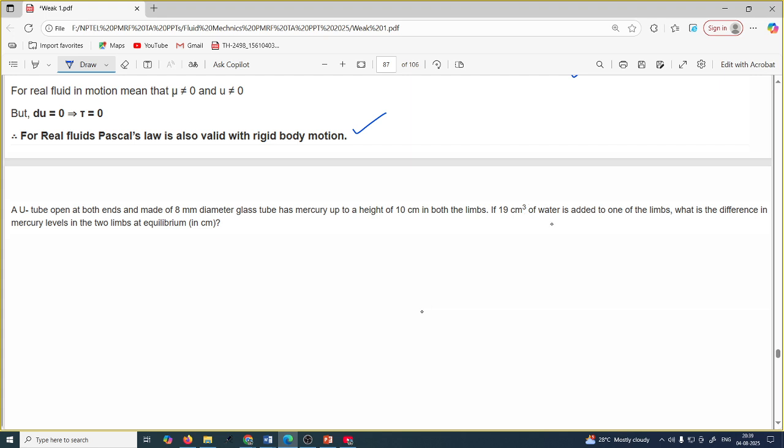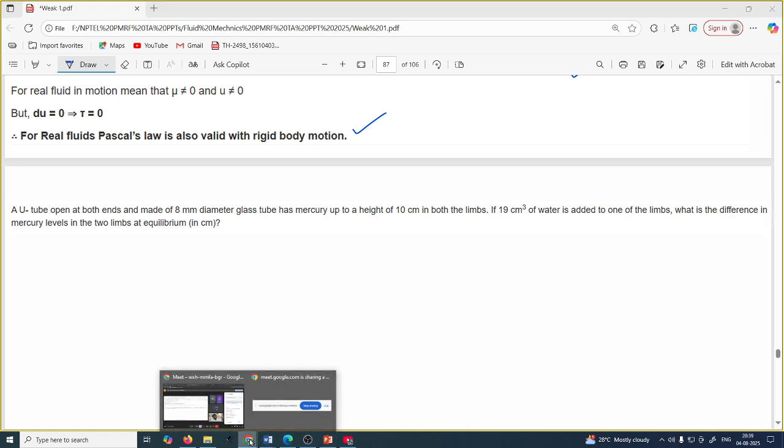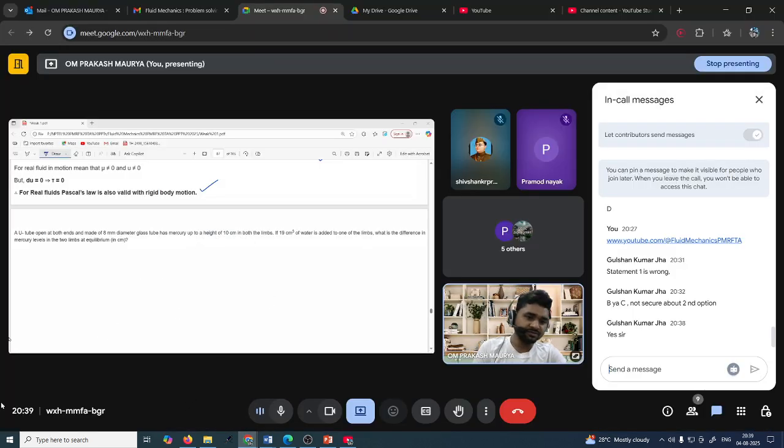If 19 cm cube of water is added to one of the limbs, what is the difference in mercury level in the two limbs at equilibrium in centimeter? So please everyone first try to think and solve the question. I'll give 5 minutes for this question. So everyone please try.